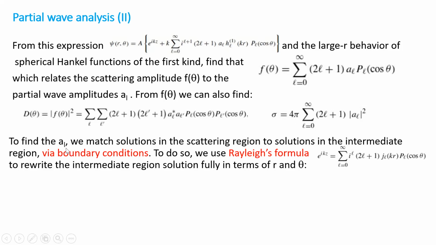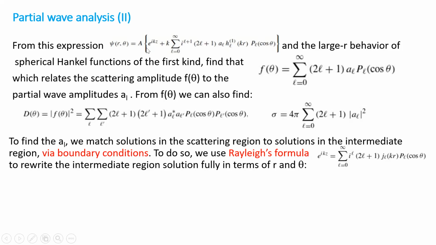To find the A_L, we match solutions in the scattering region, the very inner region where the potential is active, to solutions in the intermediate region via boundary conditions. At that boundary we require that the solutions match. To help in doing this, we use something called Rayleigh's formula.